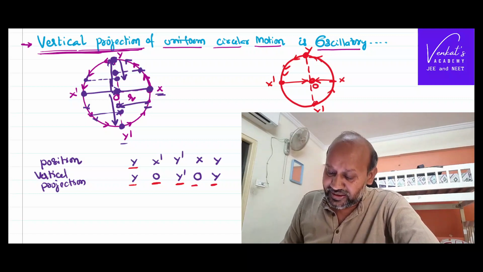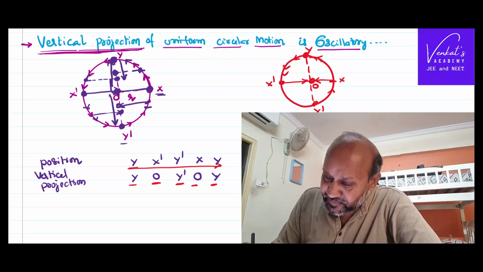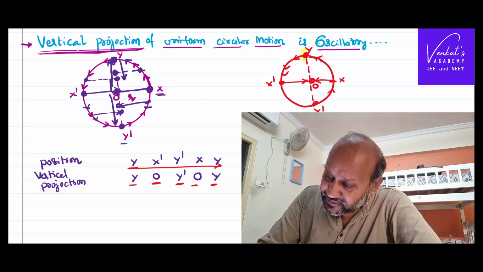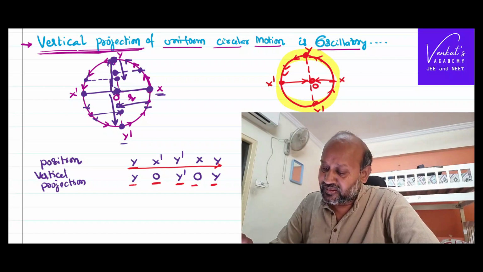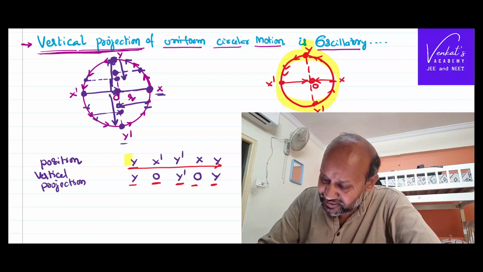So when you complete one rotation, look at this. This is one rotation. You have started from here, y. You have completed one rotation this way, y.